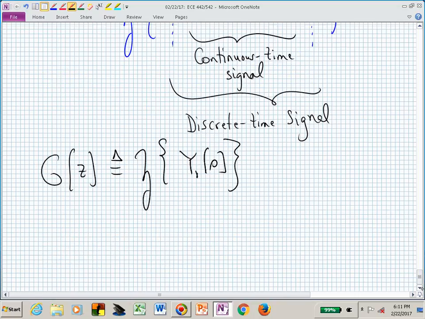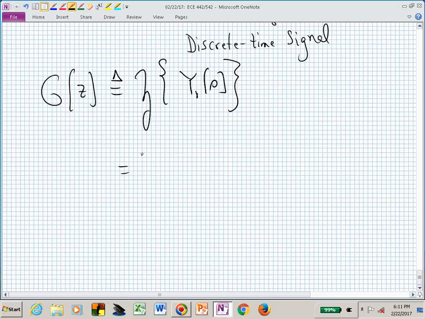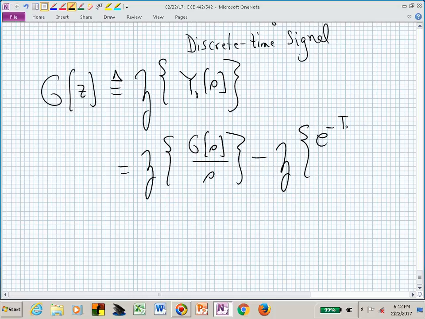Now, what was y sub 1 of z? In our case, that was two parts. If I use that same notation, I simply need to Z-transform g of s over s, and subtract from that e to the minus ts times g of s over s, or a delayed version of that same g of s over s.